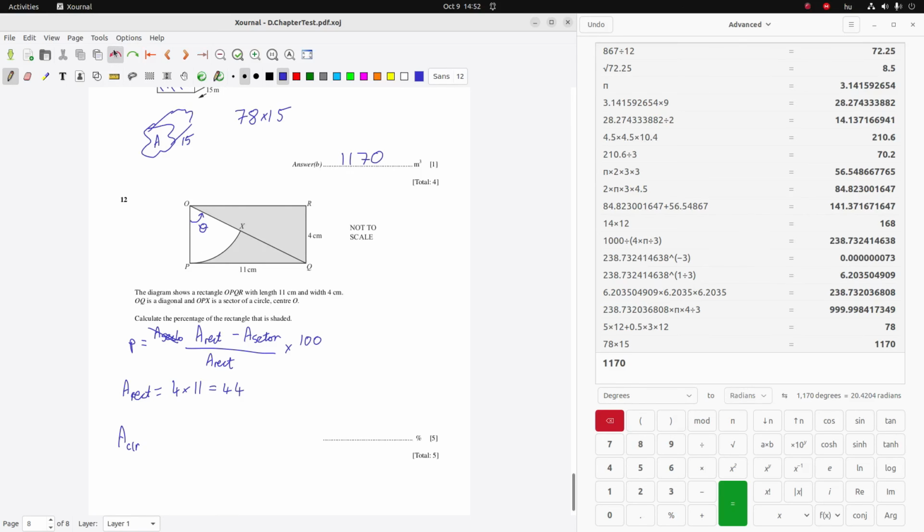The area of a sector is simply theta divided by 360 multiplied by the area of a circle. And we can get the area of a circle, right? Because we know the radius, which is 4 centimeters.